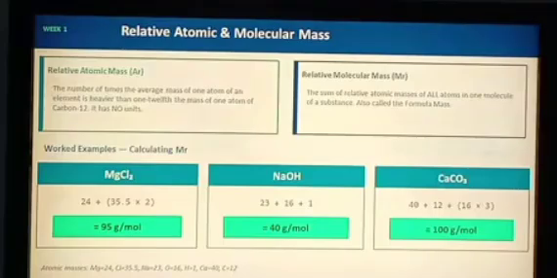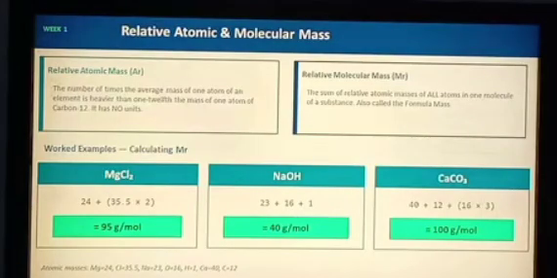A compound. In relative atomic mass, we are looking at the particles that make up an element. But in relative molecular mass, we are looking at the particles that make up a compound or a radical. Are we following now?